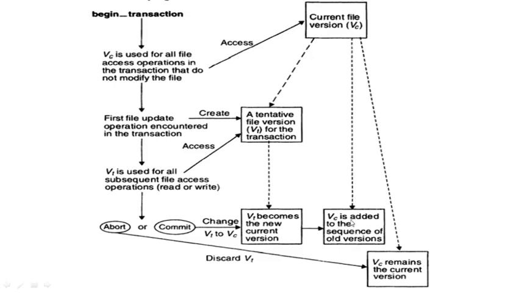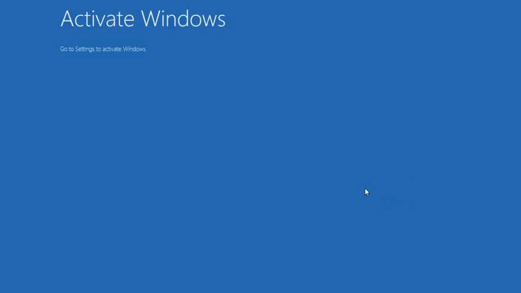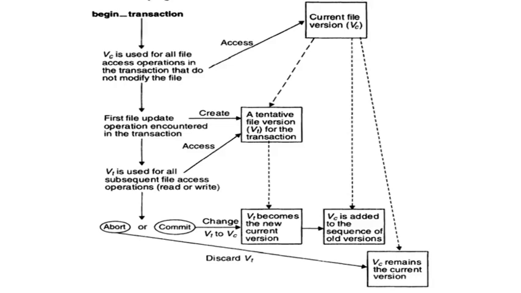This is one of the recovery techniques, in which, in case of abort, we are restoring the file itself. So this is the file versions technique in which we can restore the original state in case of an aborted transaction.